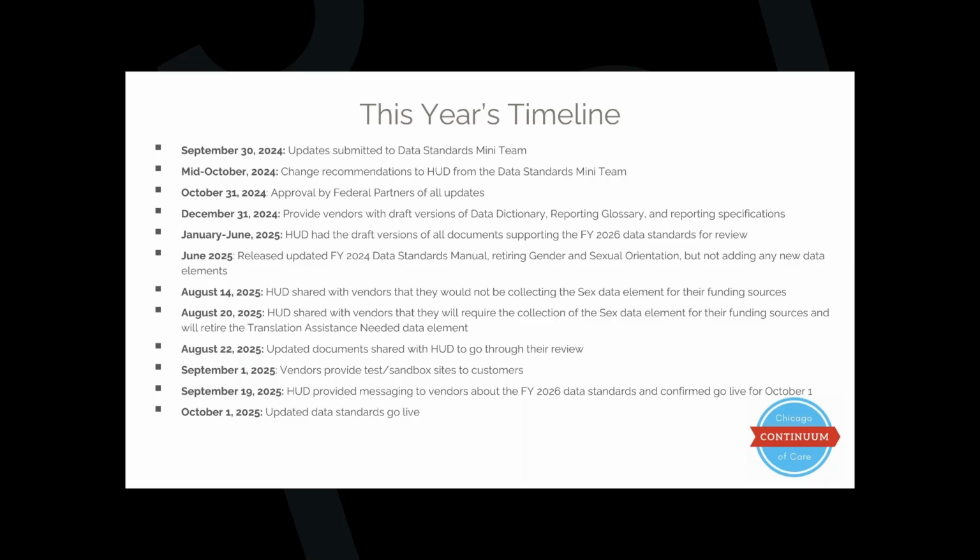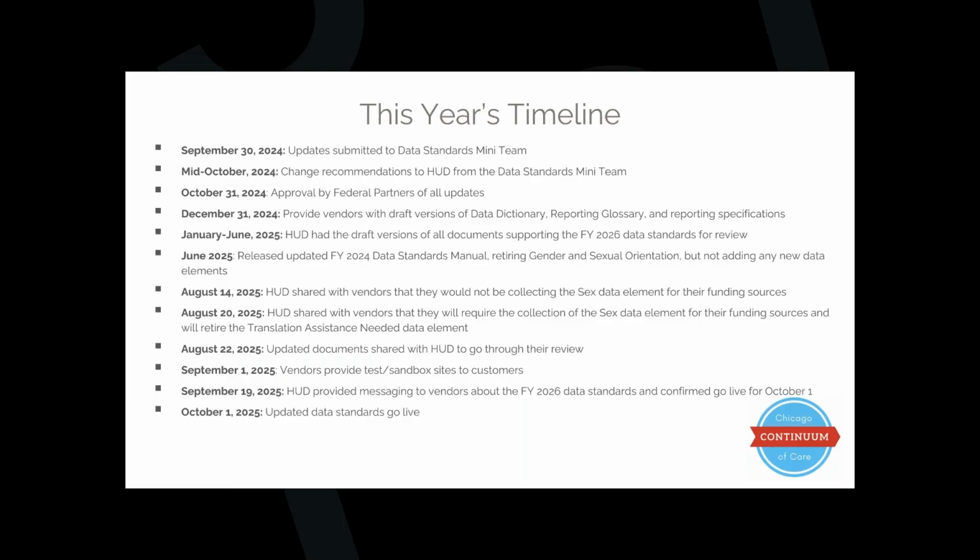So the test sandbox site was what vendors knew of what the data standards entailed. So what was released on September 1st was not the final version, or there could have been a potential update to what was released.